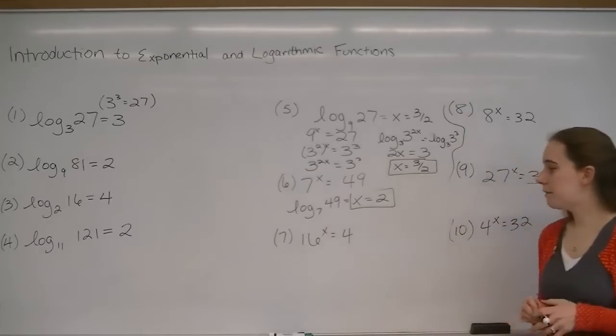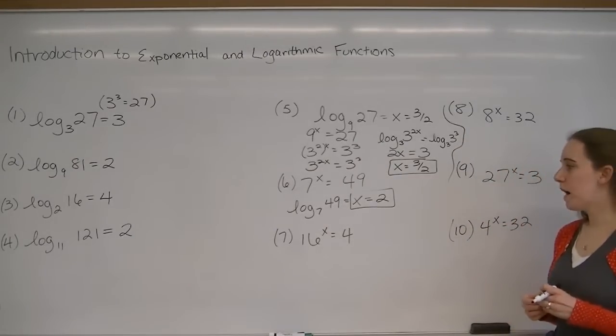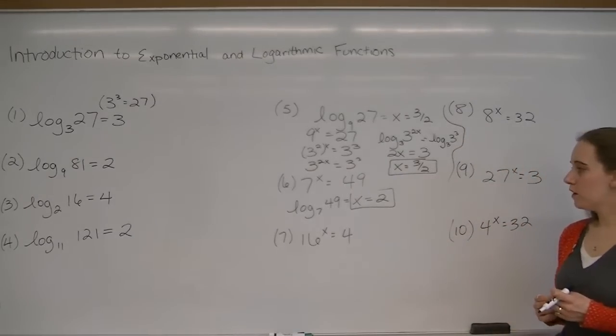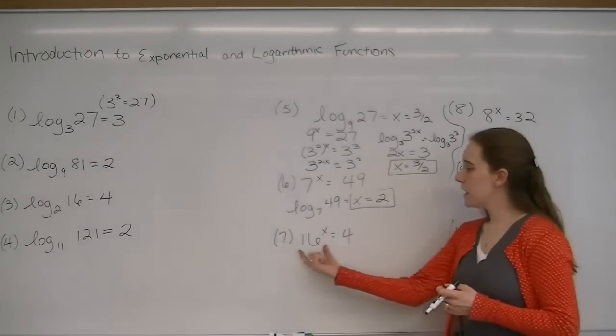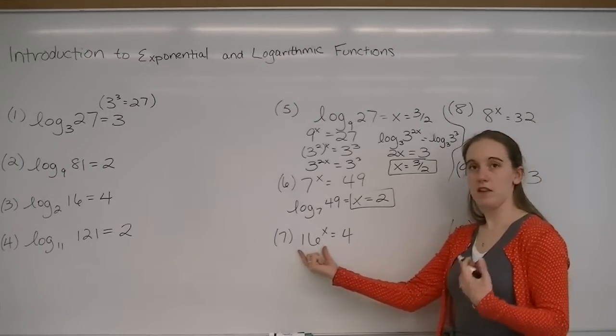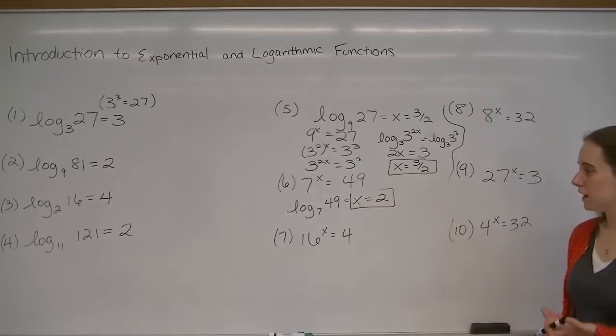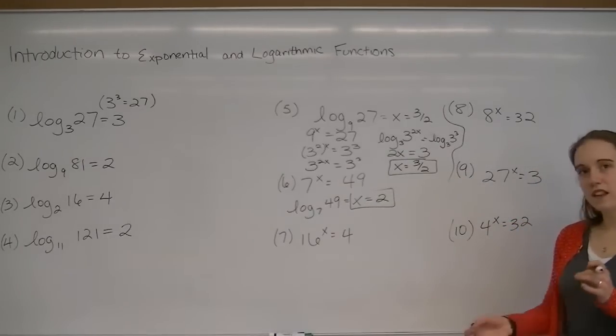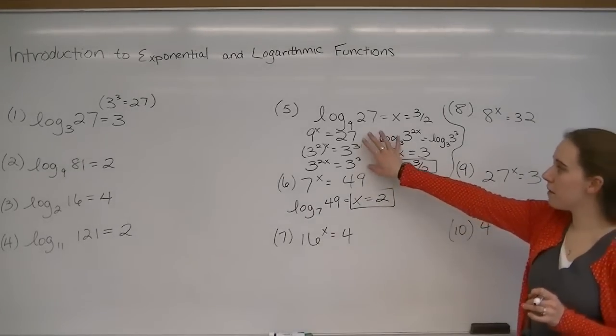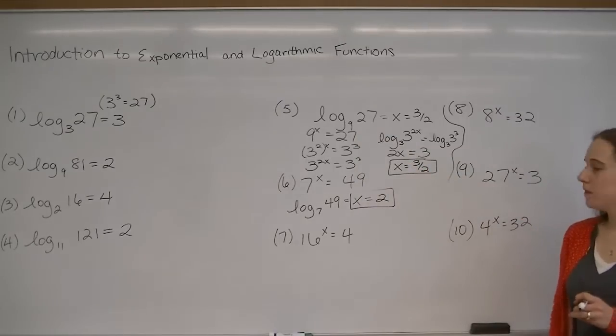Now let's look at this one. We're taking 16 raised to a power and we're getting 4. Usually when we take powers of something, especially integer powers, we're getting something bigger, not something smaller. So we need to think a little bit about this one, and it's probably going to come out similar to this.